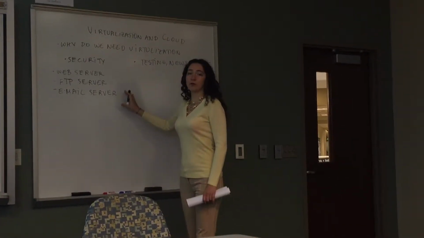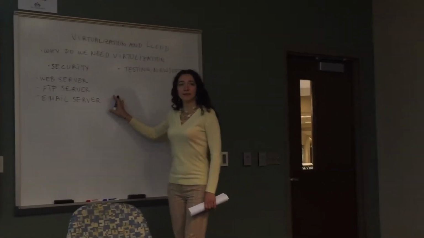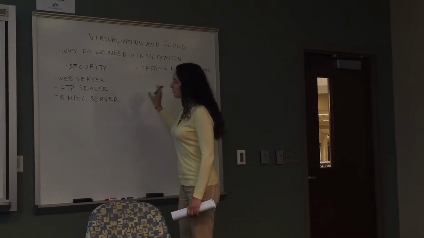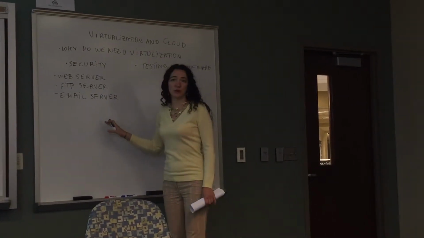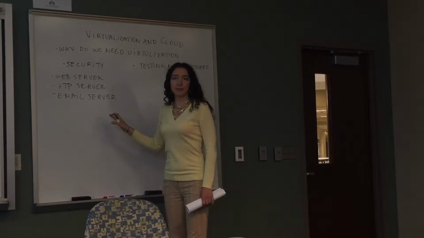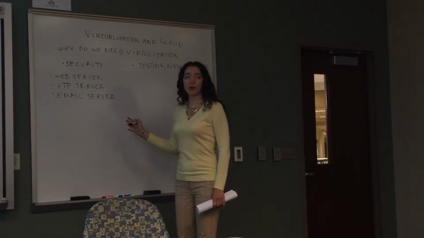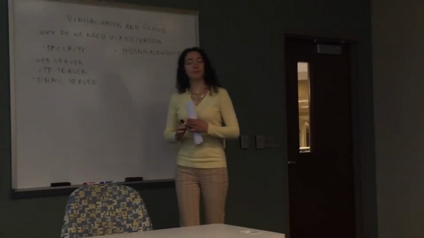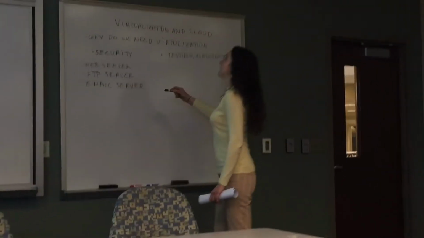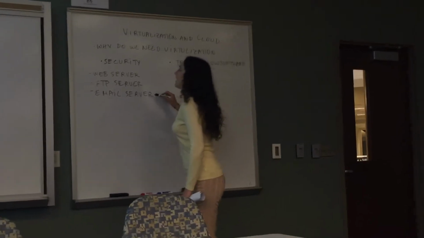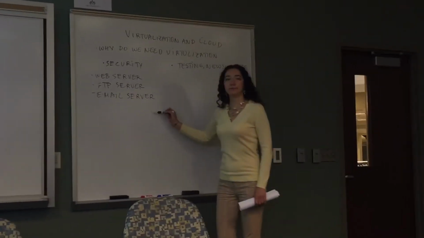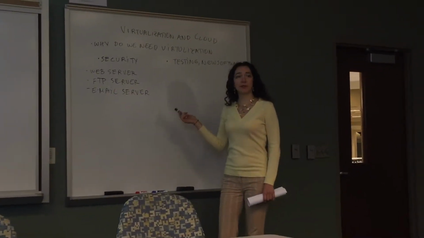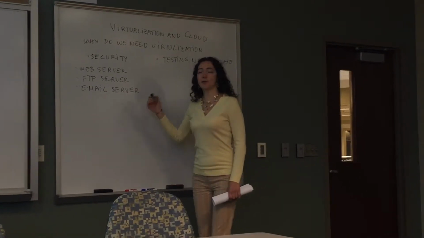If all of these are on the same machine, then automatically the rest of the servers are also affected because they are running on a compromised machine. So if we have each one of those running in a separate machine, then the security risk would not exist, right?